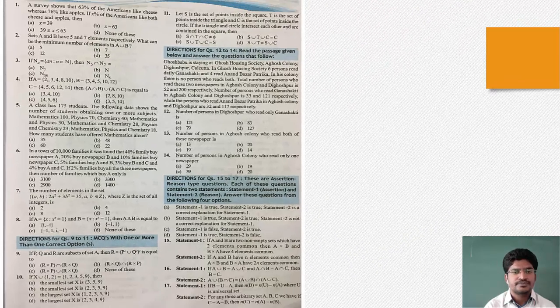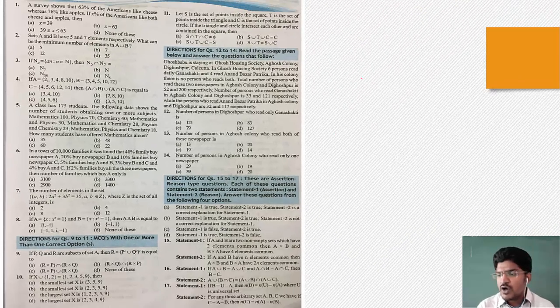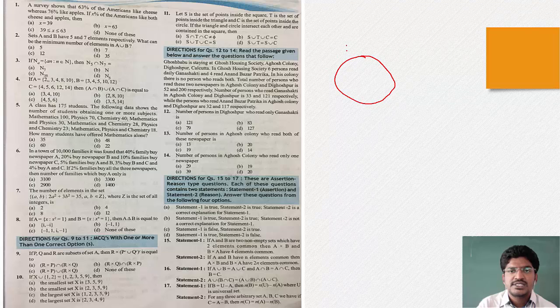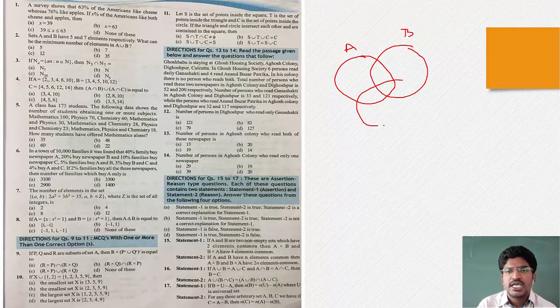Okay, no problem. I will draw a Venn diagram here. So, from that you will get a clear idea. Let us take this is A, let us take this is B, and let us take this is C. What they are telling, you have to calculate A alone.